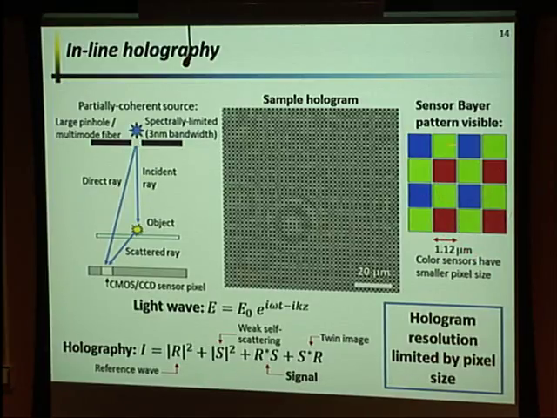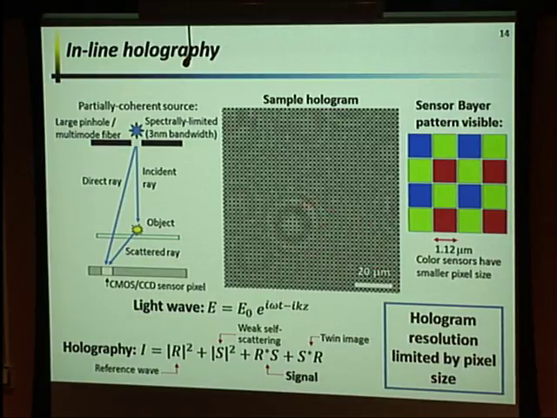When you have a color image sensor, it follows this typical Bayer pattern, so the pixels aren't all sensitive to each color, but you'll have a pixel sensitive to green, a pixel sensitive to red, and a pixel sensitive to blue. Since we're using a spectrally limited light source, in this case about 480 nanometers, it responds well to green and to blue. We get fairly good response on the green and blue, but the red pixels appear dark. That's why you see this checkerboard type effect here.